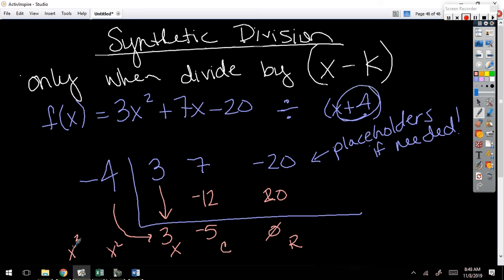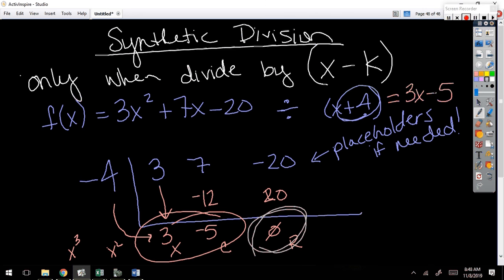So this tells me that when I divide these two things, I get 3x minus 5. A lot quicker and easier than long division, right? My remainder theorem holds true. Whenever I plugged in -4, I got 0.